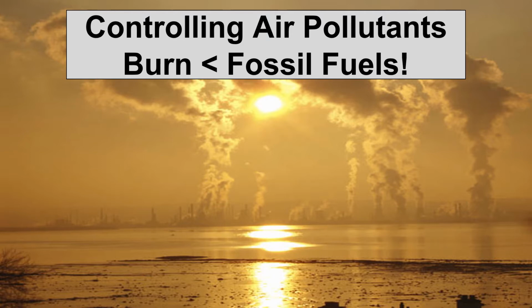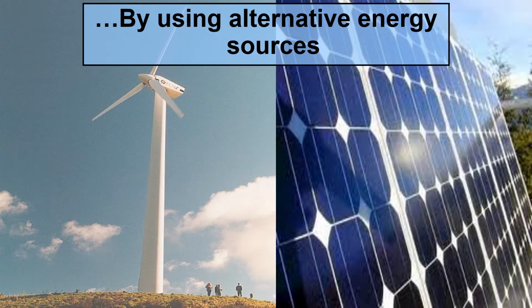We have to actually give real life situations and real solutions, right? So one of the great things that we can do is burn less fossil fuels and replace those with alternative energy sources, because things like wind turbines and solar panels, when they're being used, do not release air pollution into our atmosphere.